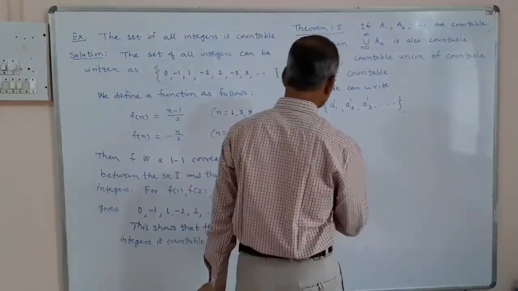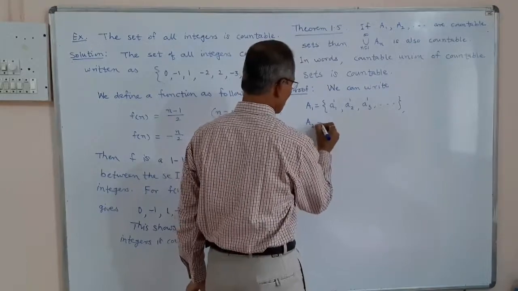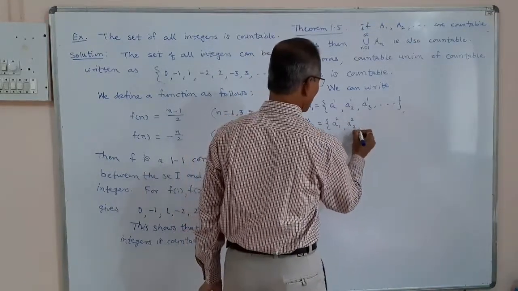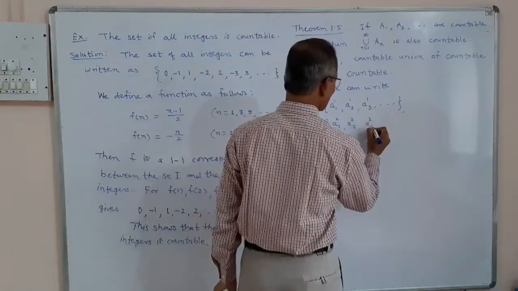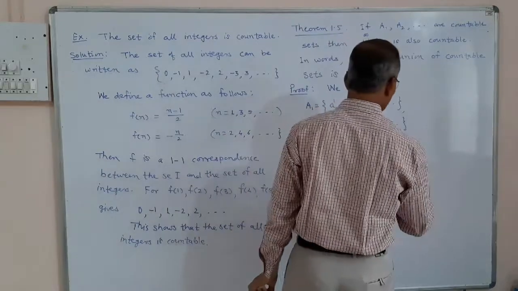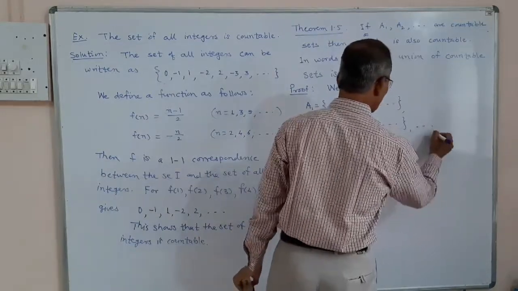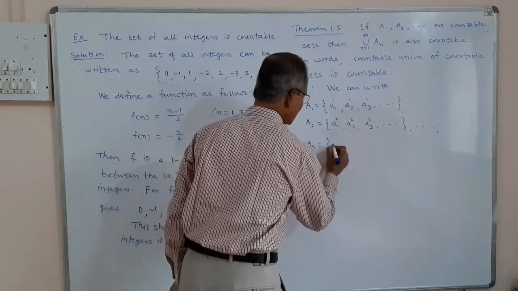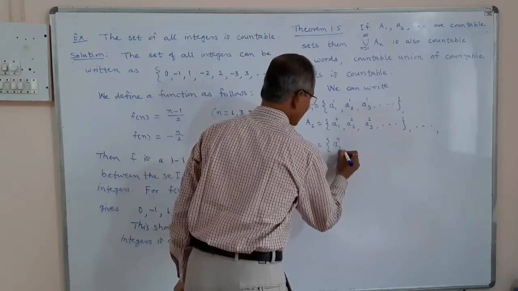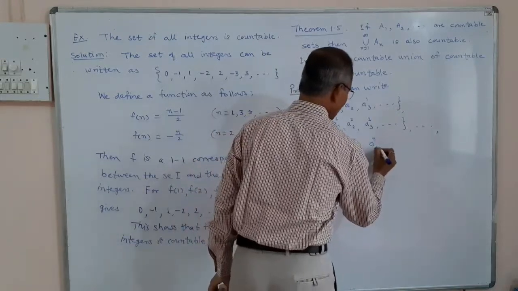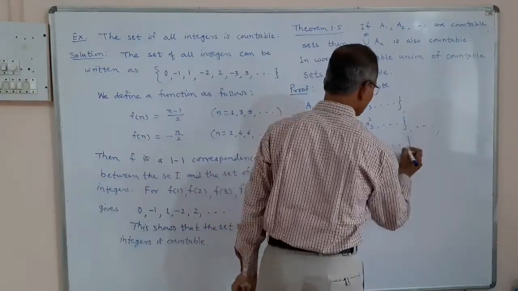A2 as A21, A22, A23 and so on. An as An1, An2, An3 and so on.